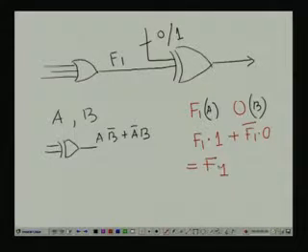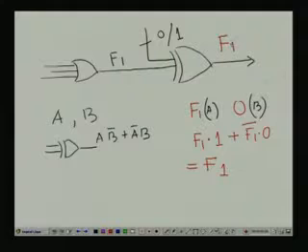So, that means if the other XOR input is 0, then as it is I will be getting F1 here.